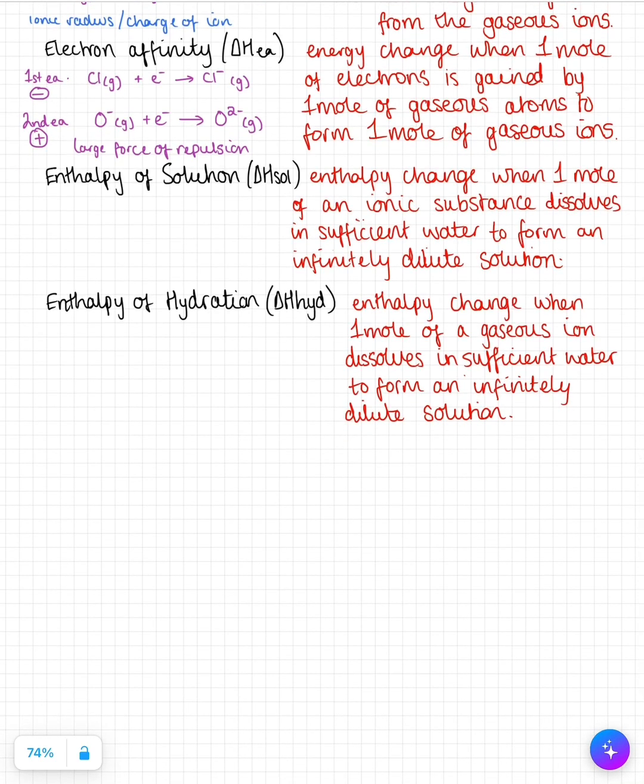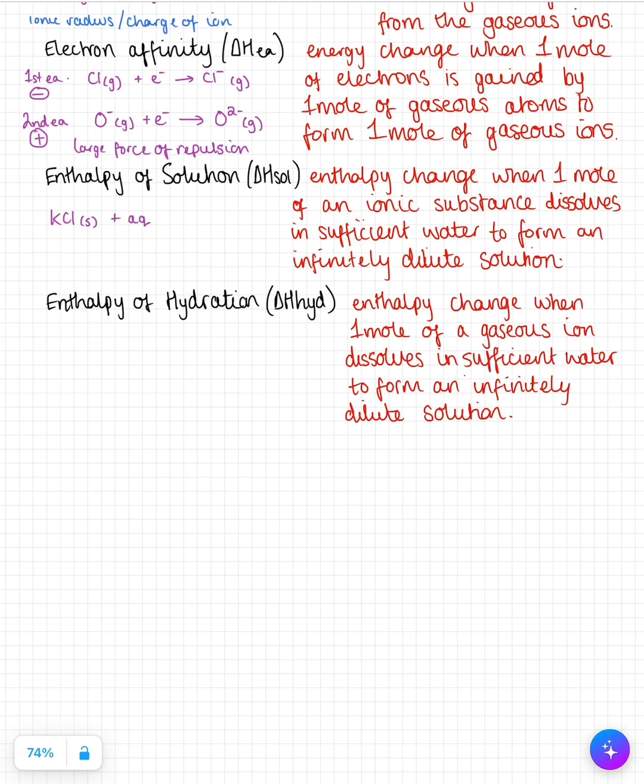Enthalpy of solution. This is the enthalpy change when 1 mole of ionic substance dissolves in sufficient water to form an infinitely dilute solution. Sufficient water meaning enough water to dissolve. As an equation, this can be represented as, let's take an ionic compound such as KCl.